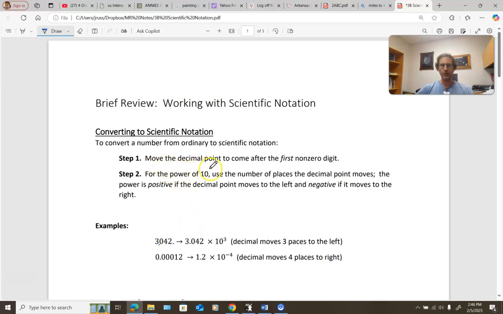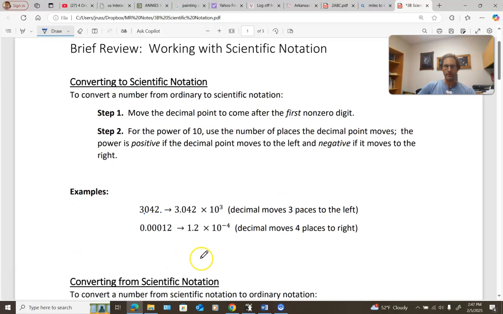And then it says for the power of 10, use the number of places the decimal point moves. The power is positive if the decimal point moves to the left, and negative if it moves to the right. So let me zoom in a little bit. Since I'm moving it to the left, guys, I'm making my number smaller.